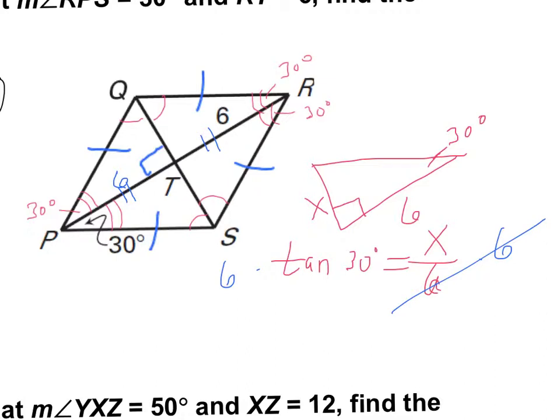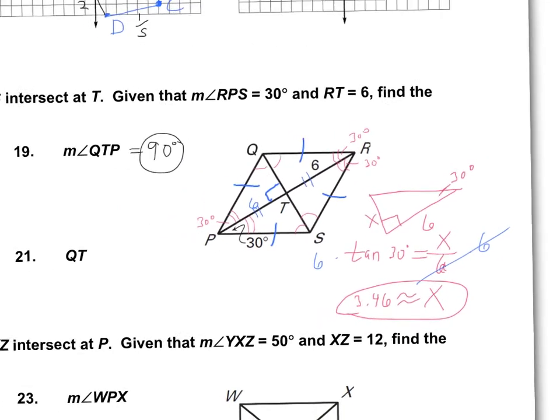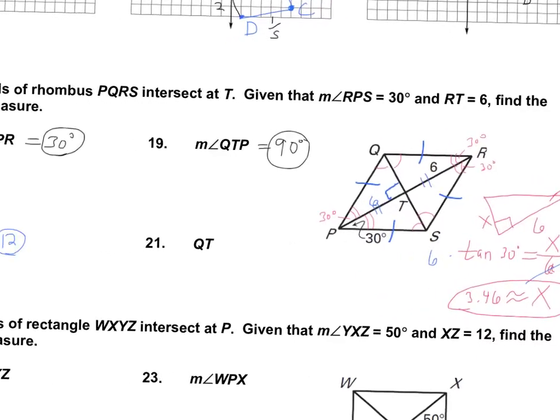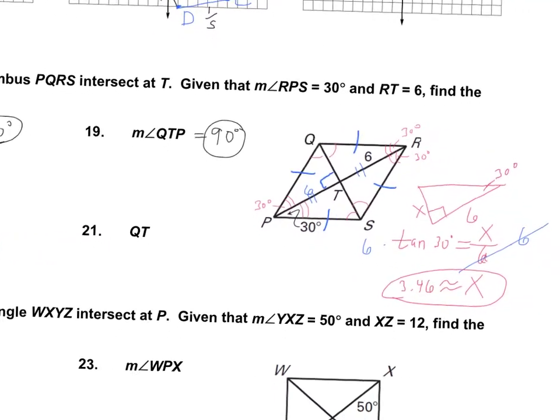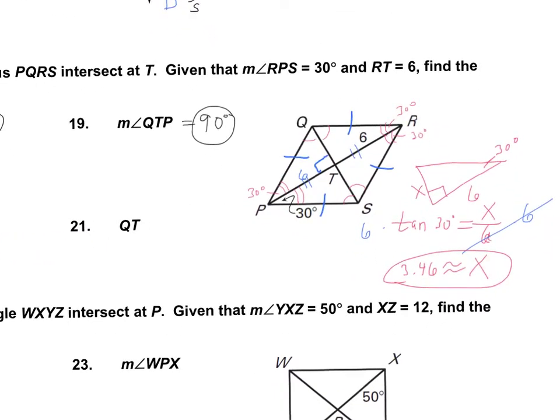So I'll type that in: 6 times tangent of 30, and I get 3.46 approximately. It doesn't say what to round to, so I'll just round to 3.46, or you could say 3.5. So QT equals 3.46.